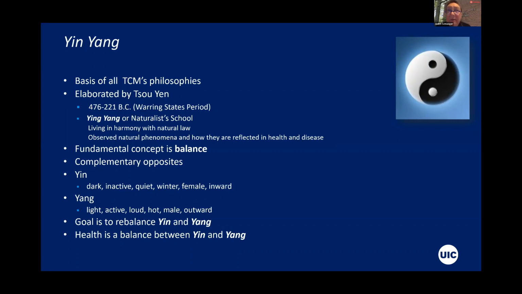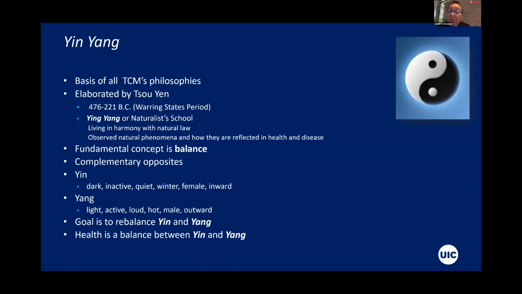Taoist adepts, or Taoist monks, lived in holy mountains and meditated all day long on nature, and they understood the properties of nature in a deep elemental way. The fundamental concept of yin-yang theory is balance, that complementary opposites attract.